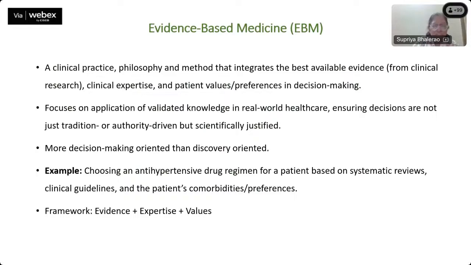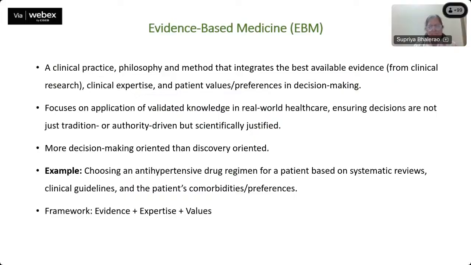So it is a decision-making framework rather than discovery oriented. Here there is no research, it is about how you make decisions. An example: there are 10 antihypertensive drugs available, which will you select for the patient sitting in front of you? You will refer to systematic reviews, maybe available clinical guidelines, and the patient's comorbidities.